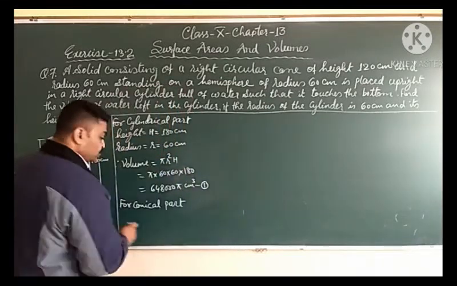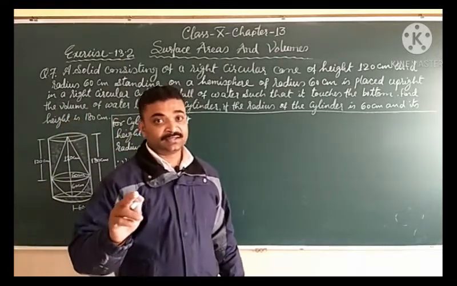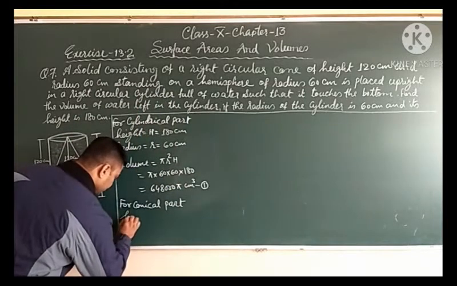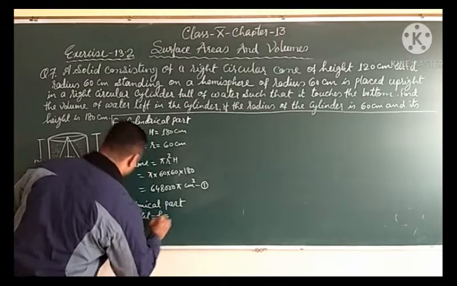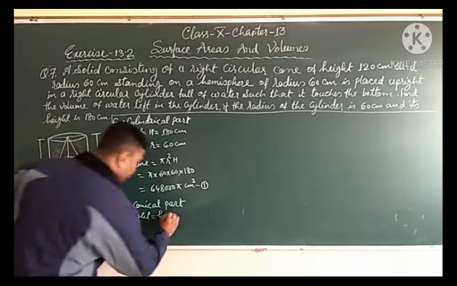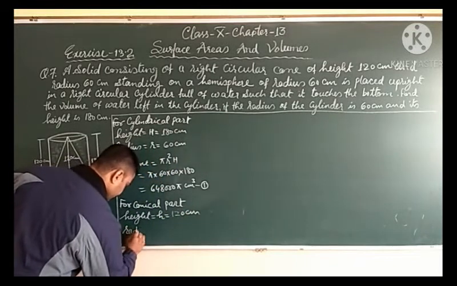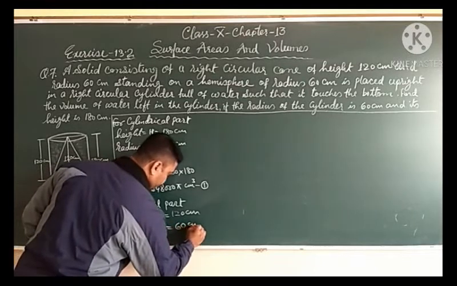Again we need r and h for the conical part. So here height h is equal to 120 centimeter and radius r is equal to 60 centimeter.